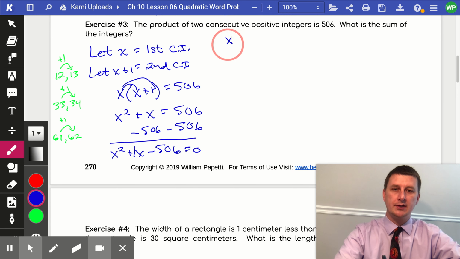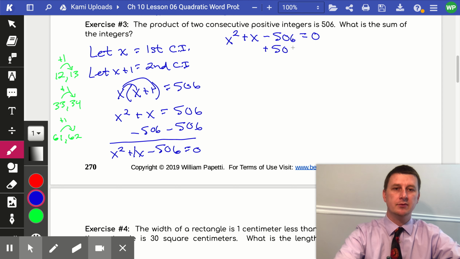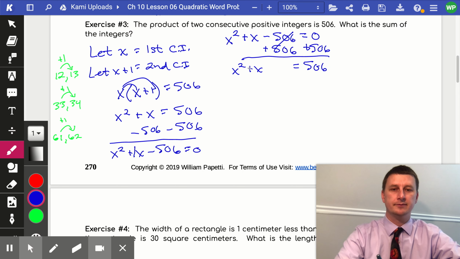We're going to have x squared plus x minus 506 is equal to 0. And my first step in completing the square is to move the c term to the other side of the equal sign. So right now I have x squared plus x. These cancel out, but I leave a space there, and I make it equal 506.